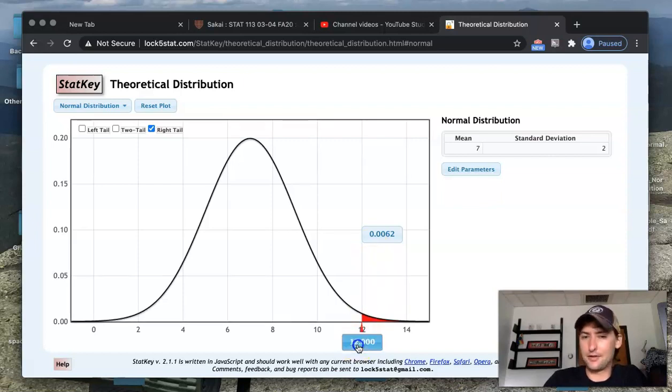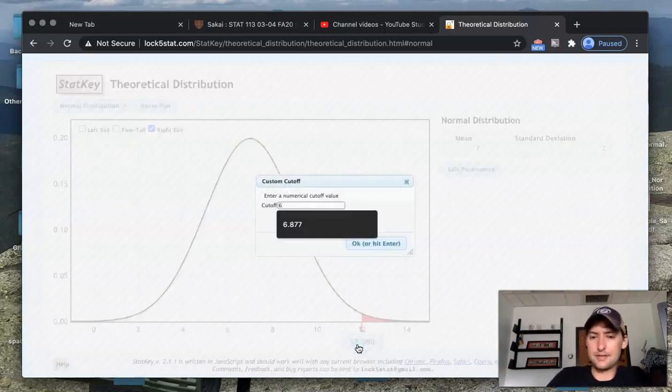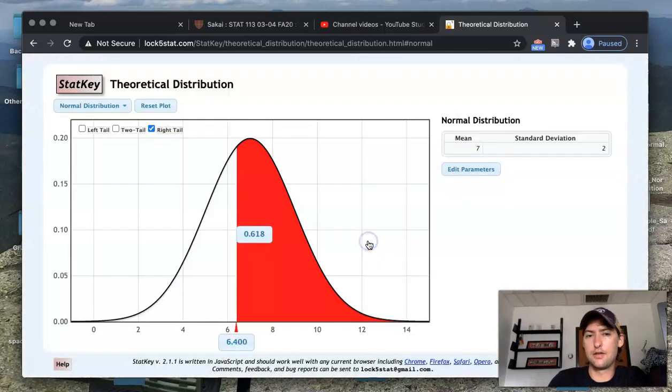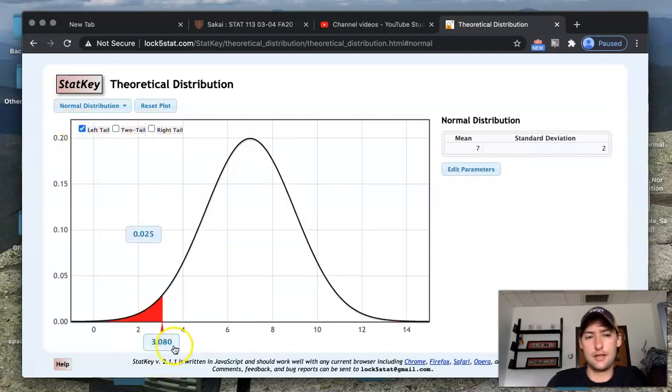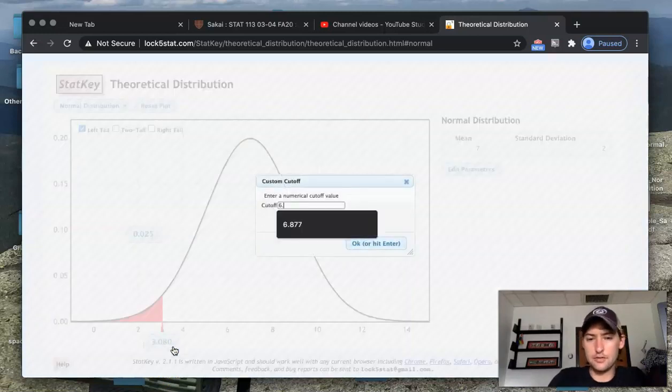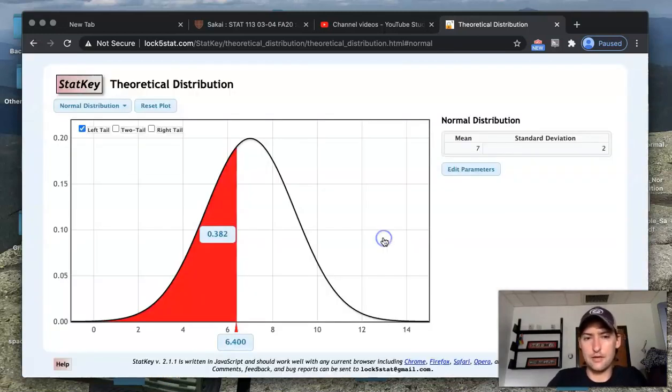All right, so we would just change this to be 6.4. We wanted a less than, not a greater than, so I'm going to change that back to a left tail. And by Jove, it changed that too, so I have to do the extra step of entering it again, and we find that the percent is 38%.